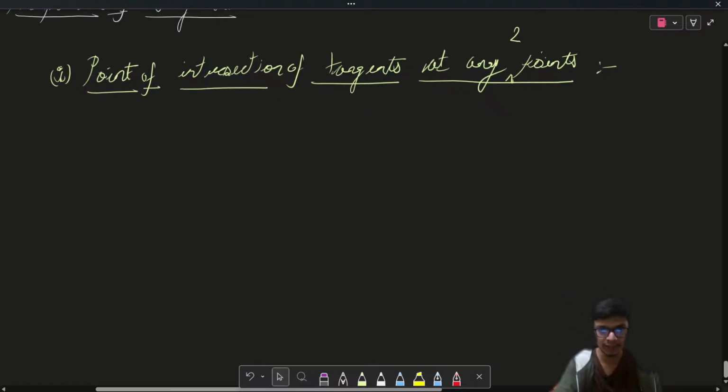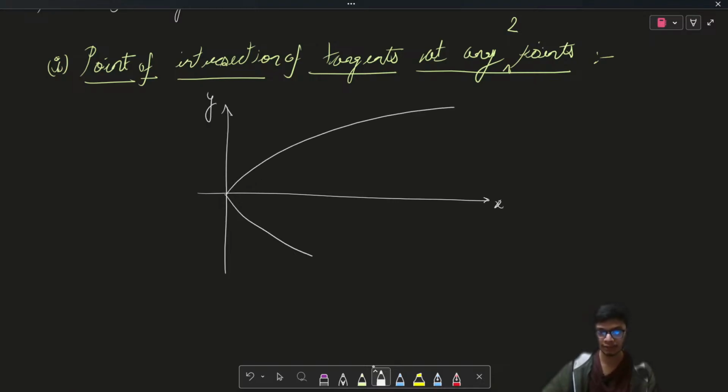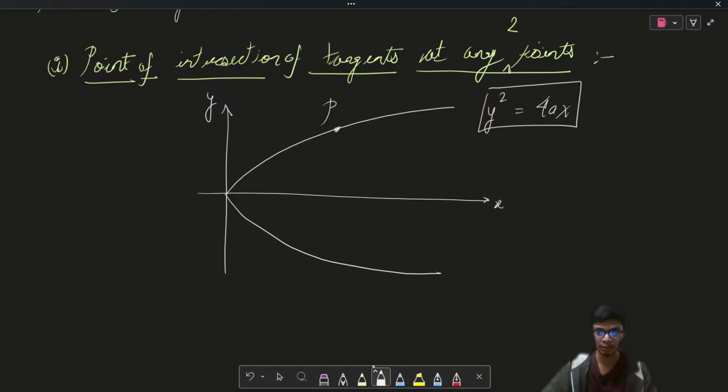So let us take up the standard parabola again, y square is equal to 4ax. Let us take 2 points, point P, which is given in terms of parameter t1, and point Q, which is given in terms of parameter t2.